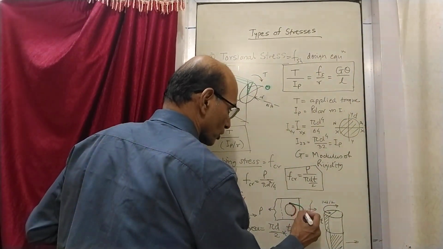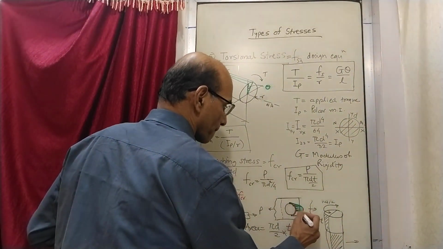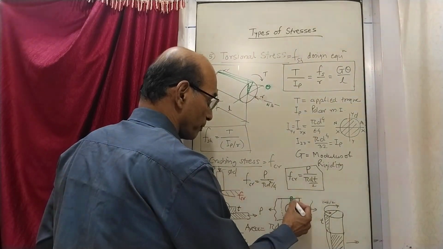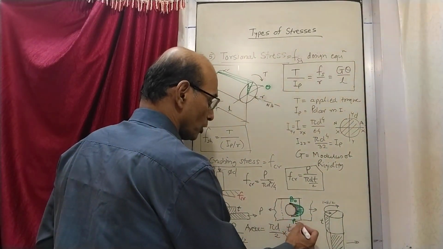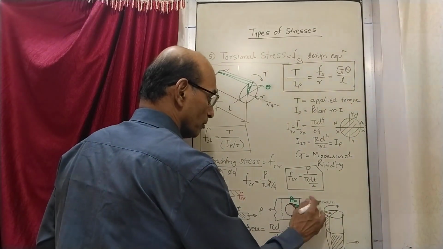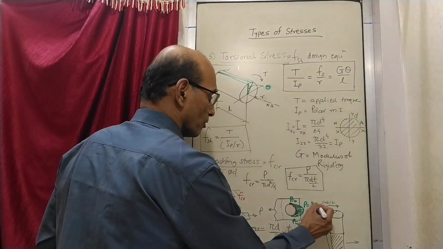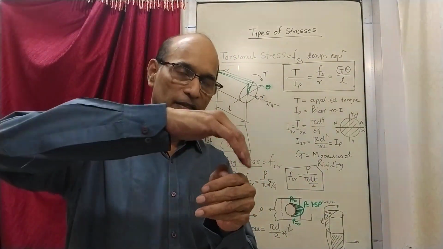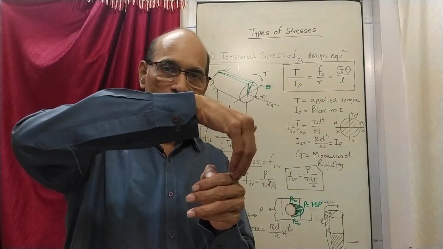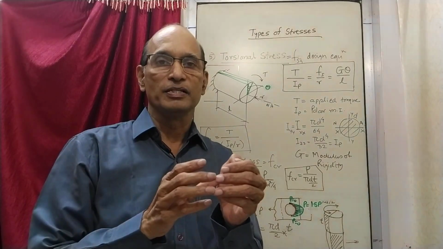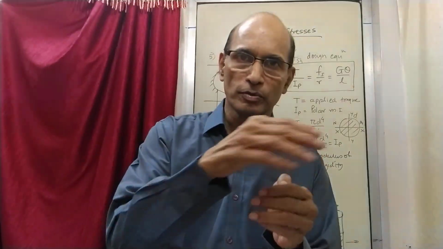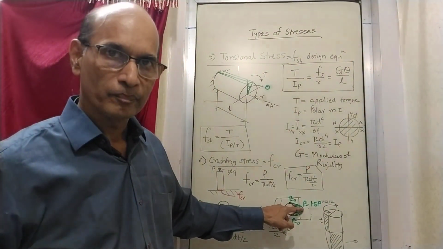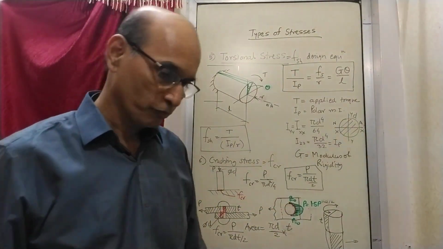So I am showing the distribution of force in the form of a graph. This is where P is 0, here also P is 0, and here P is 1.5 times what you have applied. Because of this curvature, its effect at this point is very high, maybe 1.5 times more, because at the sides it is 0, so it gets distributed. So the distribution is 0 and 0 on these two sides, and it is maximum here. So this is the distribution of force.